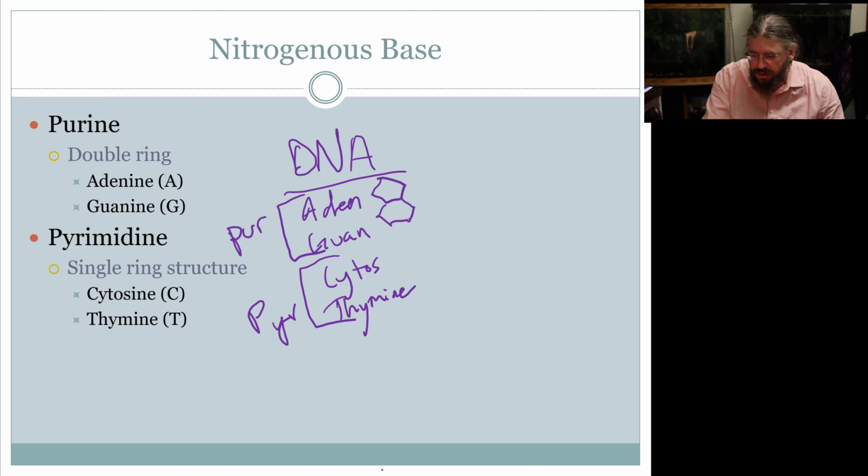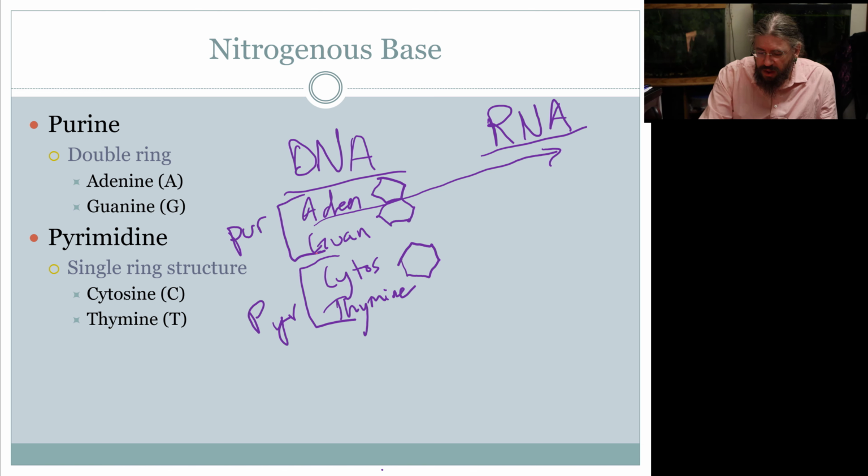I did mention that RNA has an odd one out. So, for RNA, adenine is the same, guanine is the same, cytosine is the same. The only difference in nitrogenous bases comes with the pyrimidine uracil.